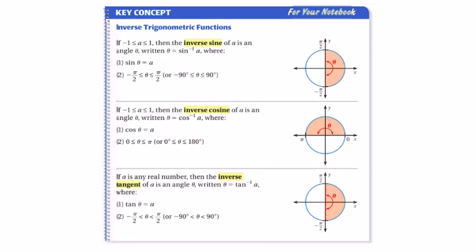So, looking at our key concept box here, they put some restrictions on my input and my output. I'm going to read these in a weird order. First and foremost, we used these functions, inverse sine, inverse cosine, and inverse tangent, in geometry when we were looking for the angle.